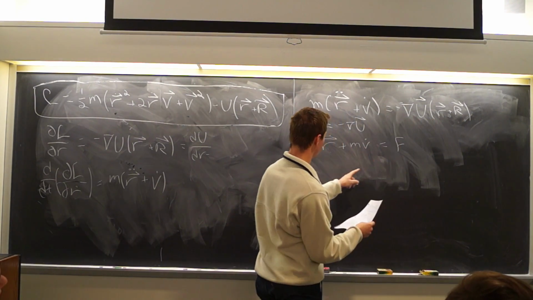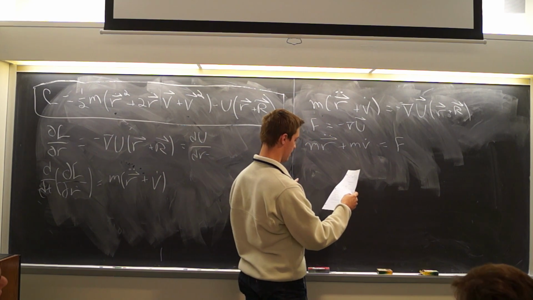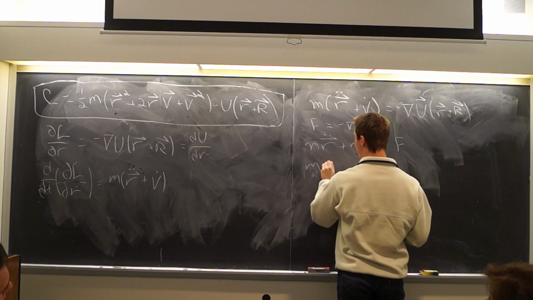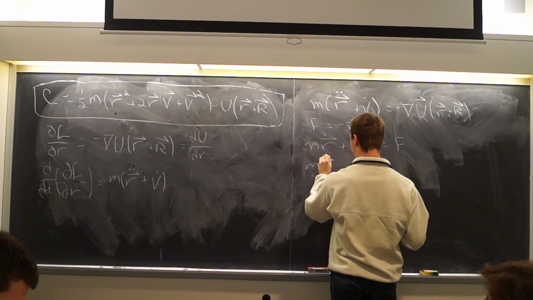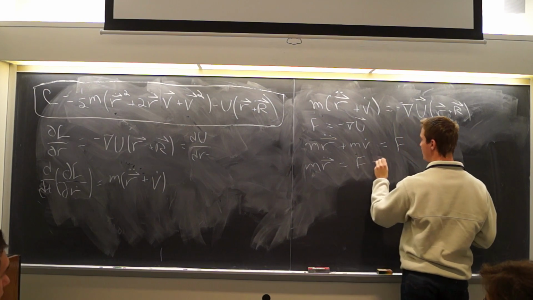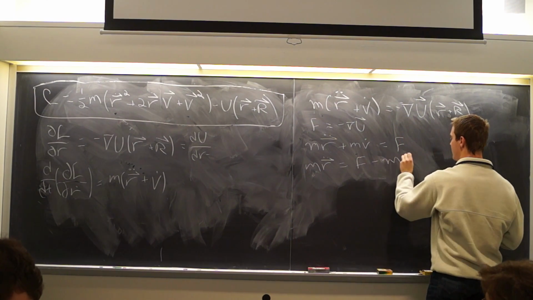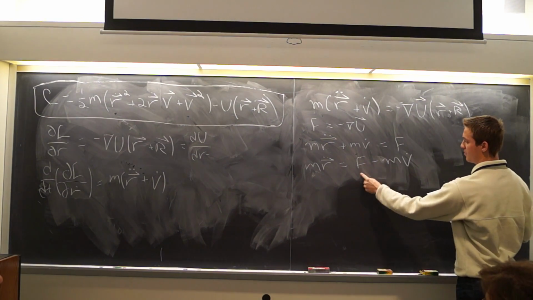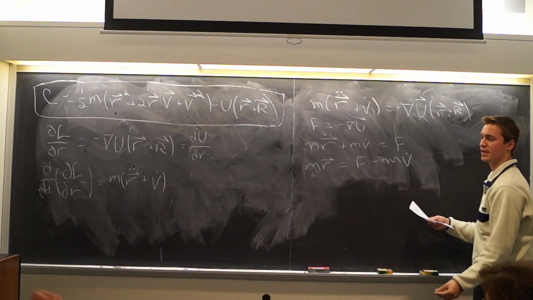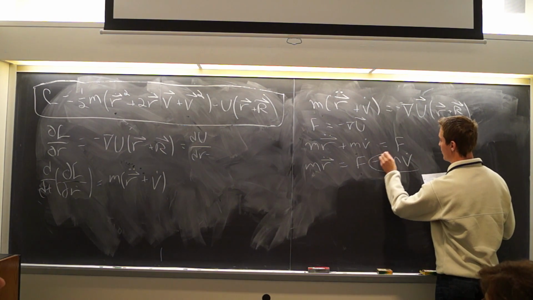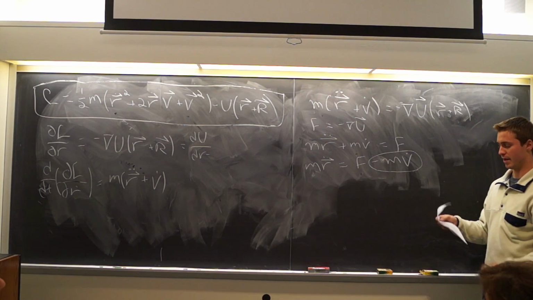If you subtract m V dot over to this side, you get m R double dot equals F minus m V dot. Essentially, F is all the external forces occurring on this particle, and this other term is our inertial force.